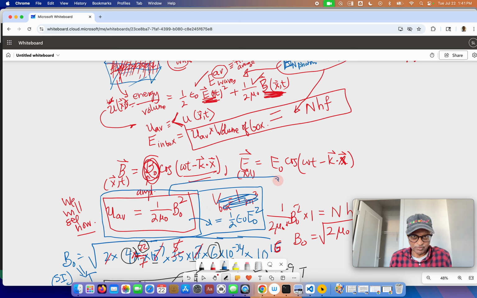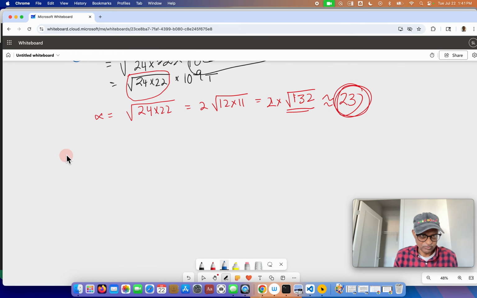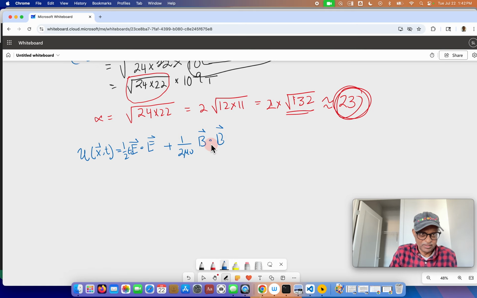Or you can actually write down, let me get it clear. The energy density formula at any x, t is half epsilon naught electric field dot electric field plus 1 over 2 mu naught magnetic field dot magnetic field, and those are the waves.